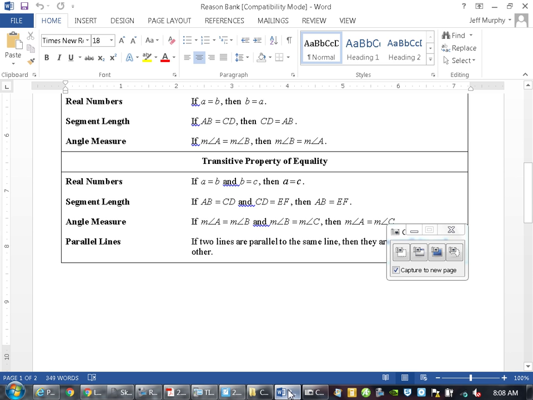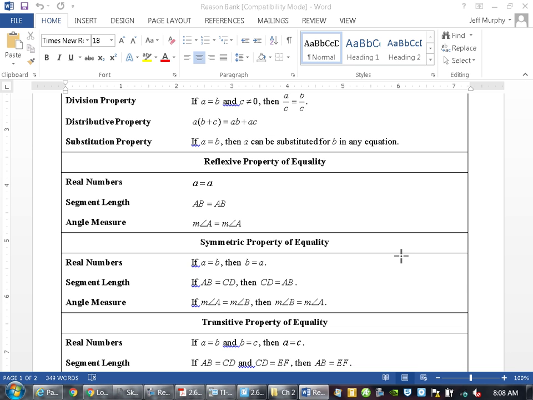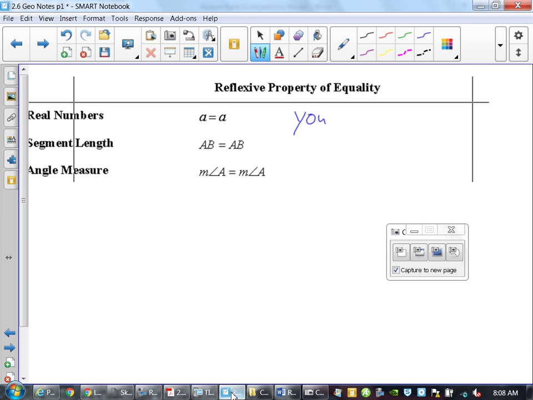It has reflexive property, A equals A, AB equals AB, angle A equals angle A. That's reflexive property. So what I want to do is put a little note underneath reflexive property and say, you are yourself.